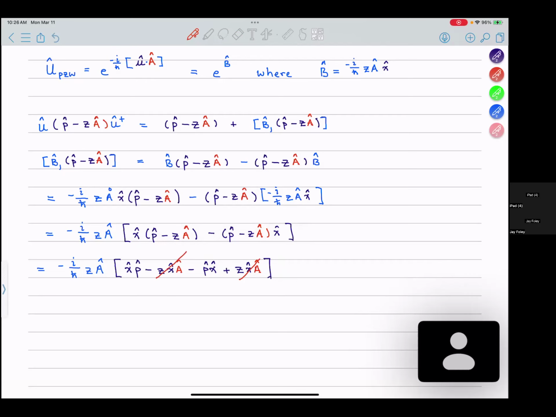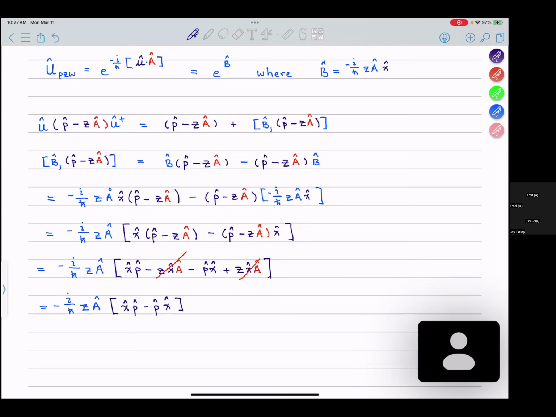And what I'm left with is minus i over h bar z a hat multiplied by x hat p hat minus p hat x hat. Whoops, I need a minus sign there. That's important. Okay.